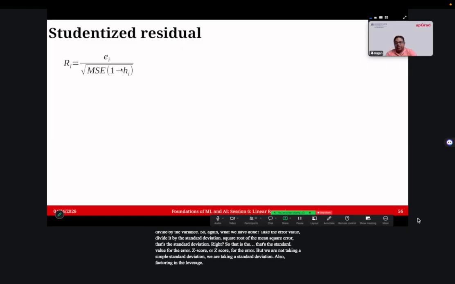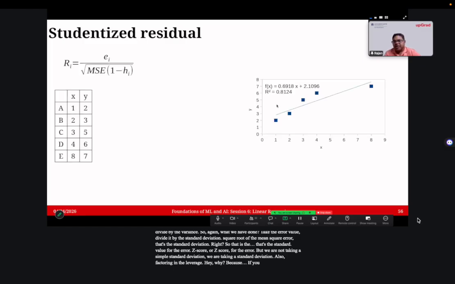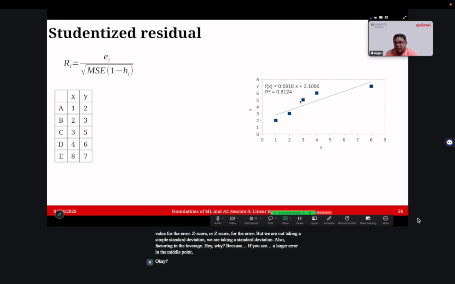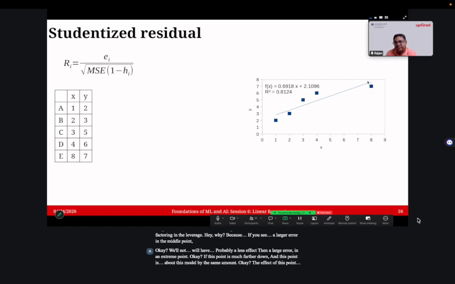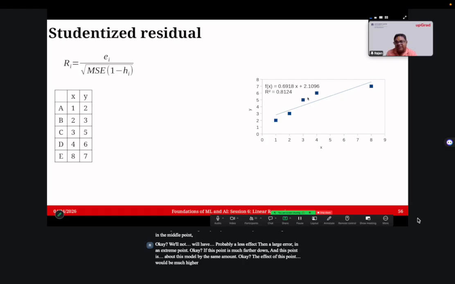Why? Because a large error at a middle point will probably have a lesser effect than a large error at an extreme point. If this point is much farther down and this point is above the model by the same amount, the effect of this point would be much higher on the model than the effect of the central point.